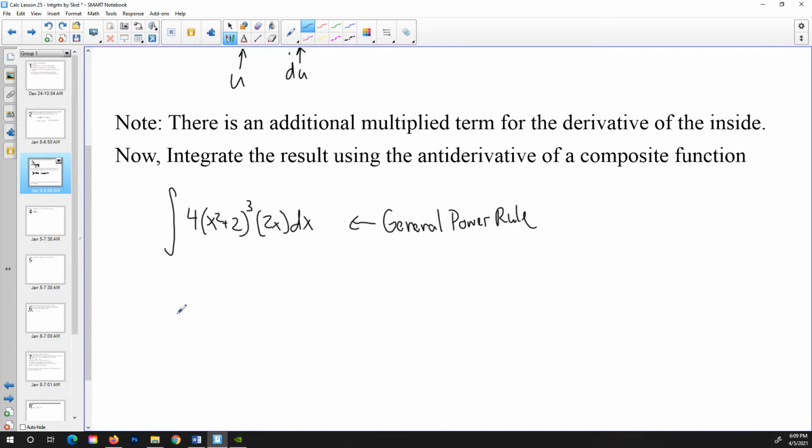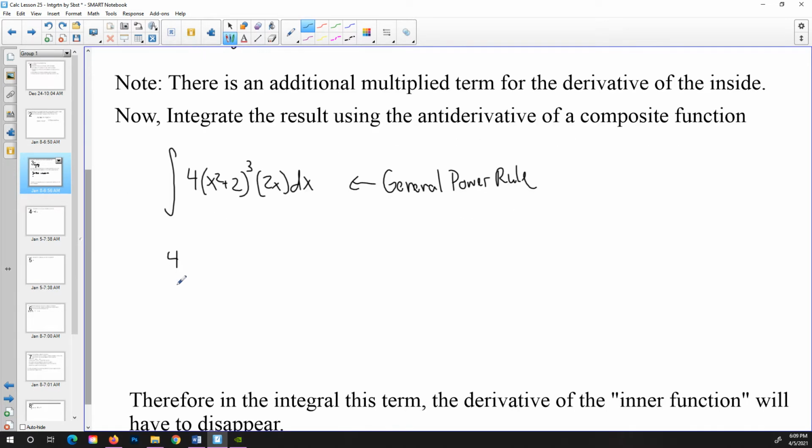And so when I go to do this integral, 4 is a constant, it's left alone. Then I have x squared plus 2, since it is a composite function, it must stay in the middle. I have to take this 3 and add 1 to it. We have to divide by 3 plus 1.